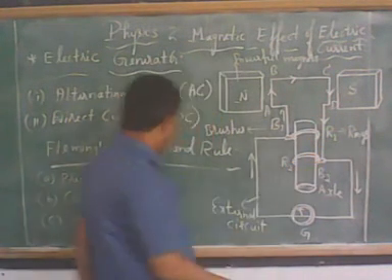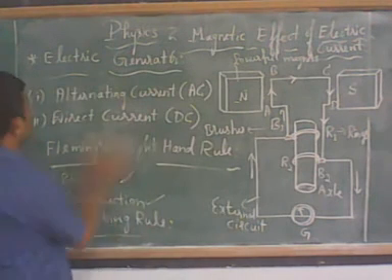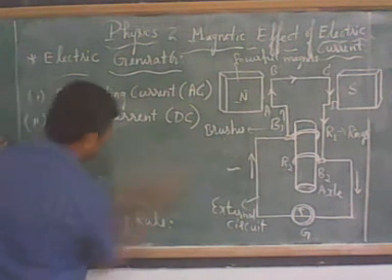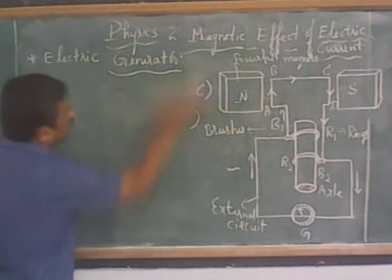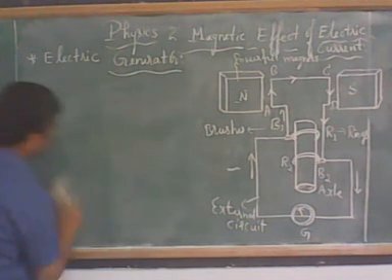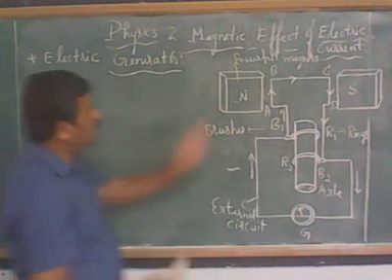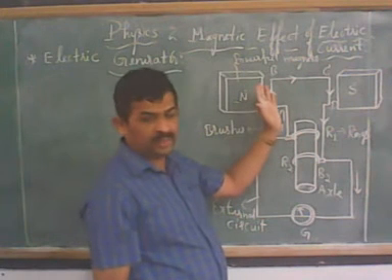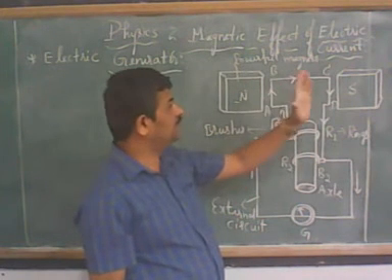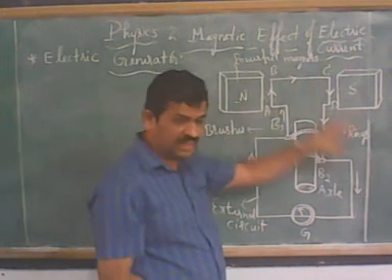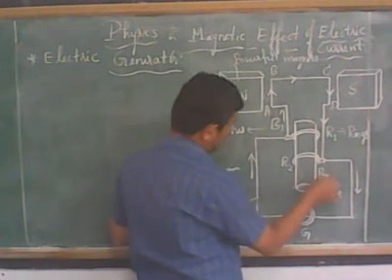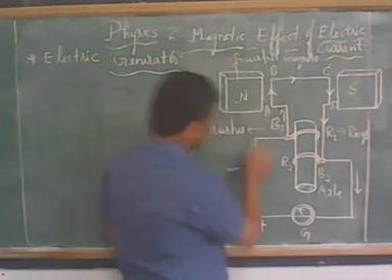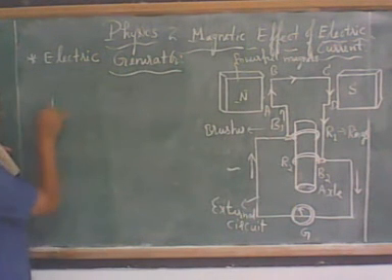In this case, what we need to understand here is very important. Just observe here. When the AB edge of the rectangular coil is coming up and the CD edge is getting down, the current flows in this direction, B2 to B1. This is the first half cycle.